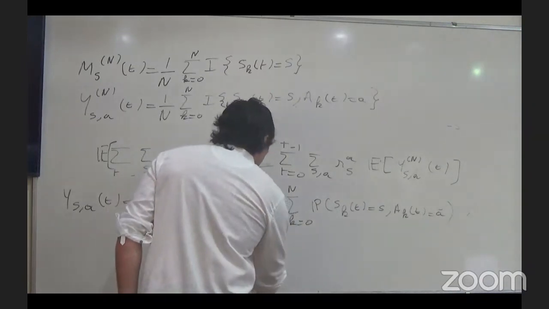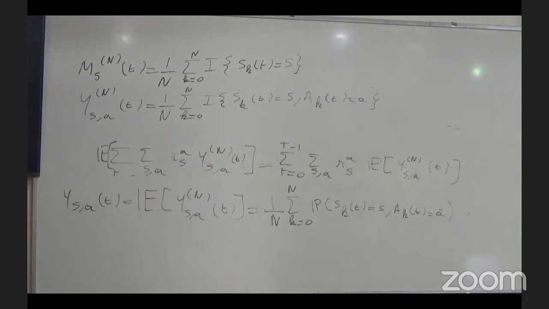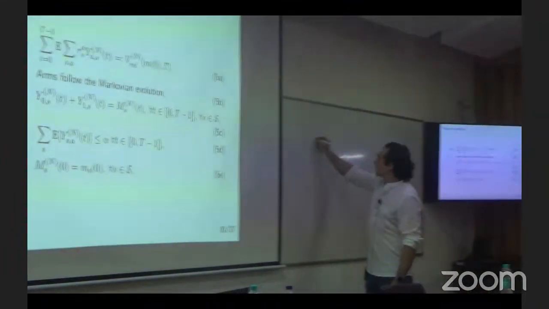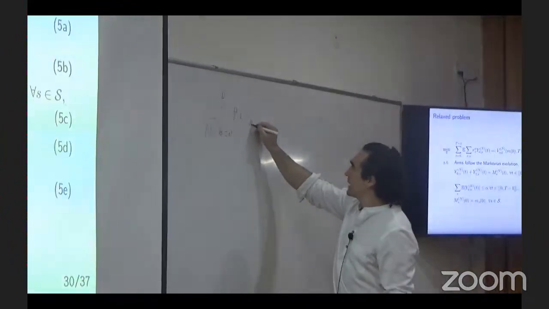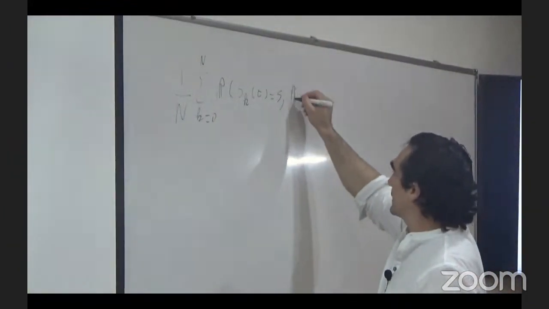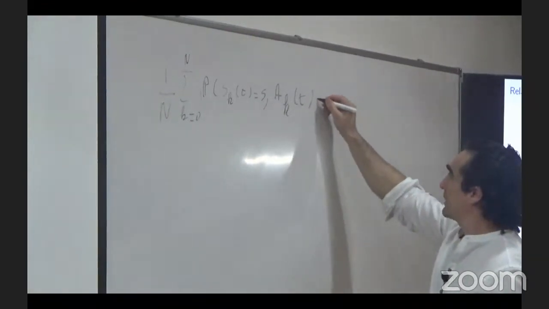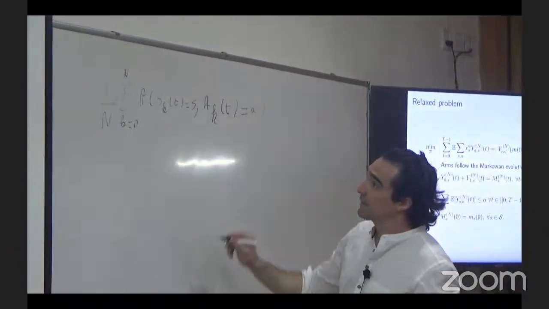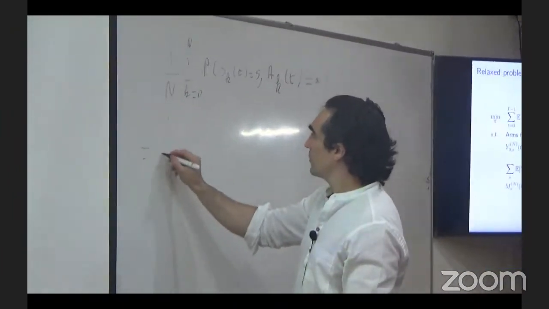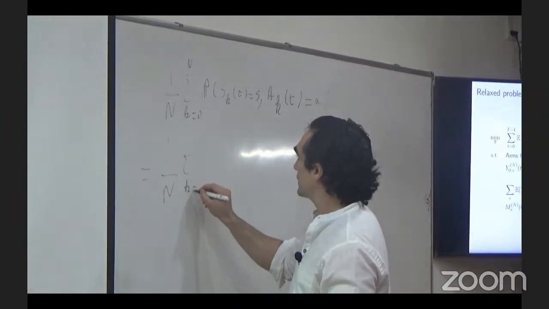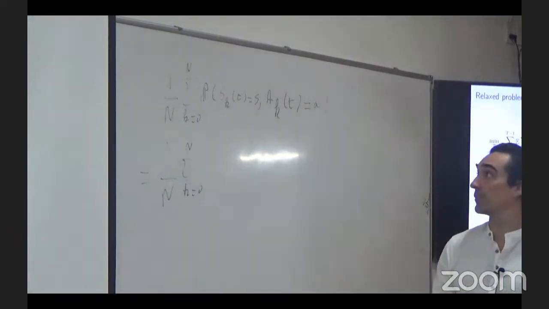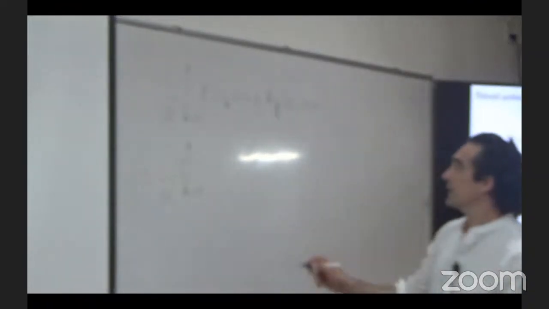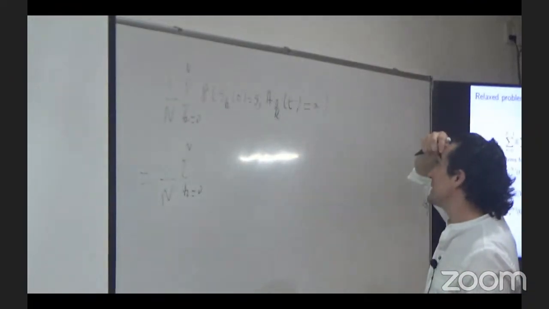So what's happening is that I have this formula, 1 over n, the summation from k equal to 0 to n of the probability of Sk of t equal s and Ak of t equal a. Let's do the same type of thing that we were doing before.